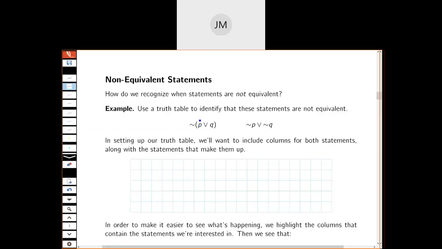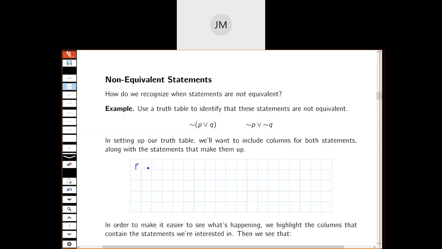So here, if I look at not P or Q, and here we have not P or not Q. Okay. So if we're going to set up our truth table, we want to have our basic statements to begin with.